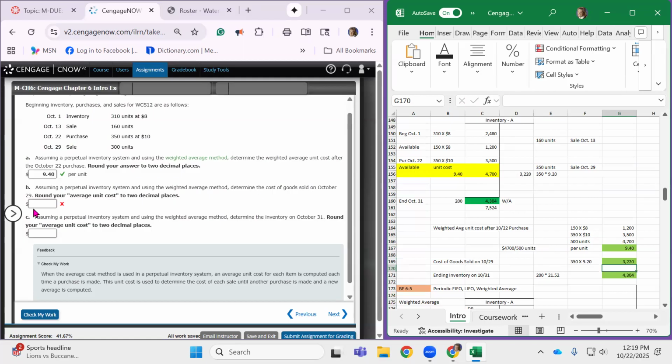So now let's put $3,220 is how much should be the cost of the goods sold, I think. No? Oh boy. Now what?